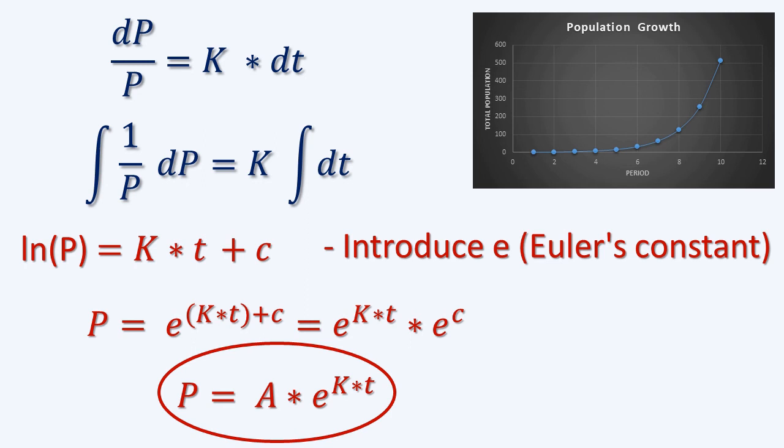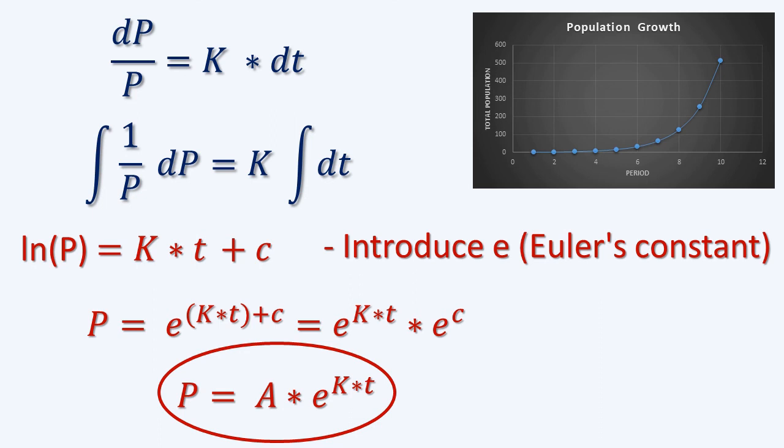If we raise Euler's number e to both sides, on the left hand side we are left with P, which is our population, and on the right hand side we are left with e raised to k times t plus c. If we simplify this, we are left with e raised to k times t, times e raised to c.